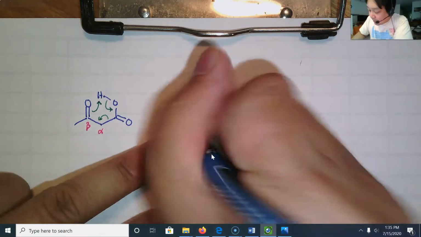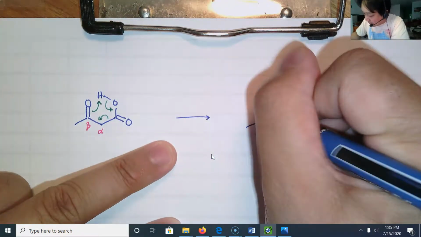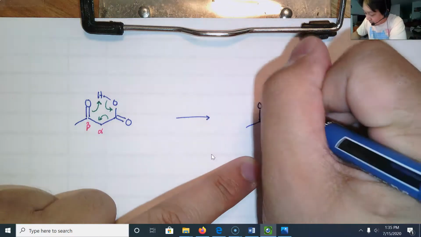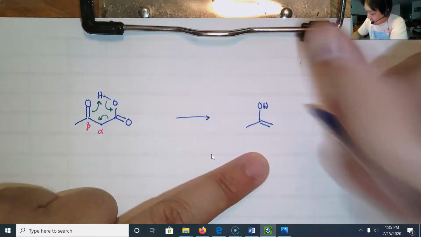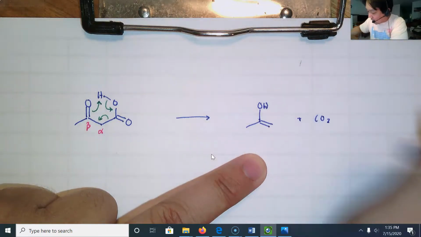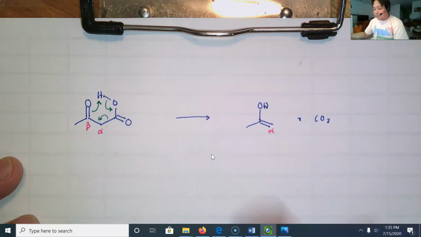Well, yeah, your product is this. This is nothing new. You saw this on the previous page. Okay, that's it. Plus CO2. Again, you keep the alpha carbon, or what was the alpha carbon.